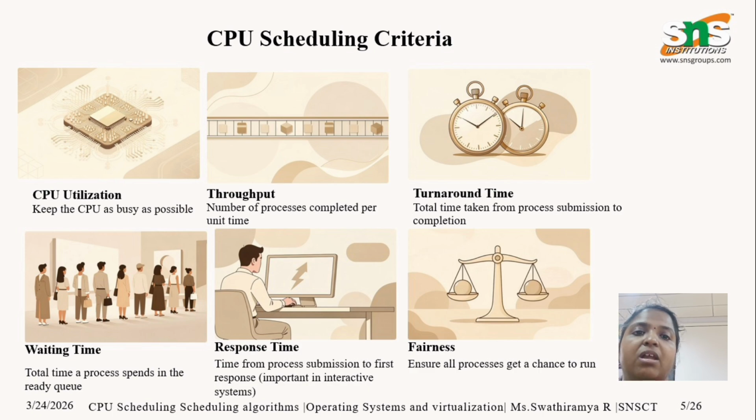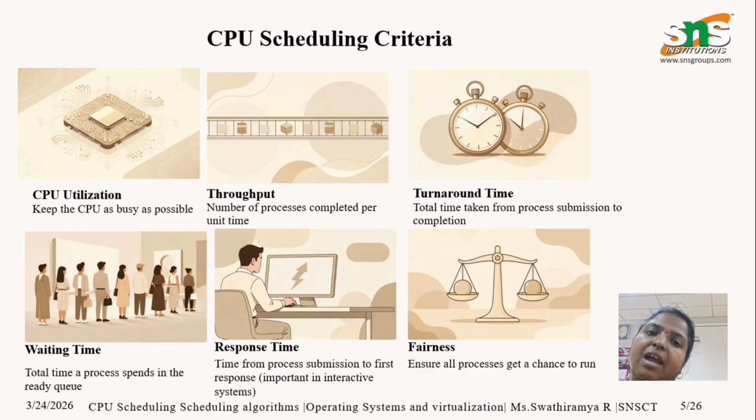It is very important: in how many milliseconds it gets its response. Last but not least is fairness. It ensures that all processes get the right chance to run or complete their task.